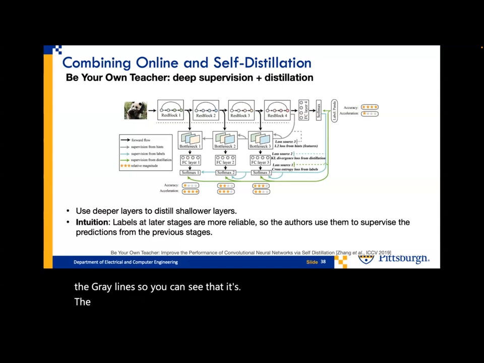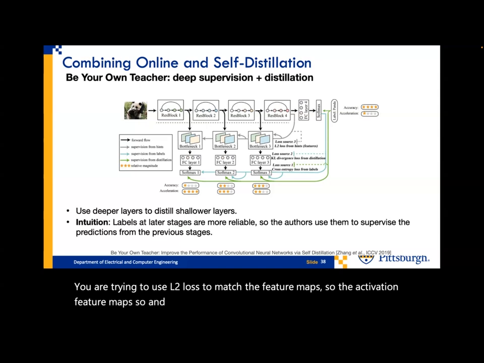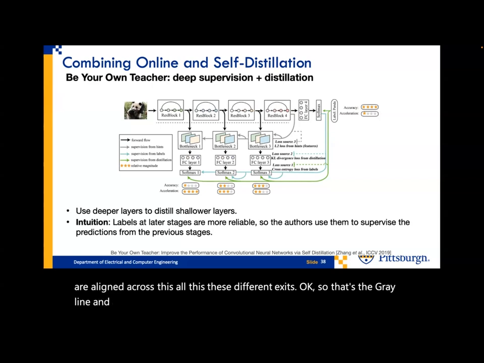The gray lines essentially use L2 loss to match the activation feature maps, to make sure all these feature maps are aligned across these different exits. Okay, so that's the gray line. And the teal-ish, bluish line here, the label is a little bit off.